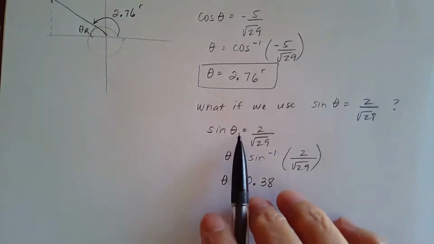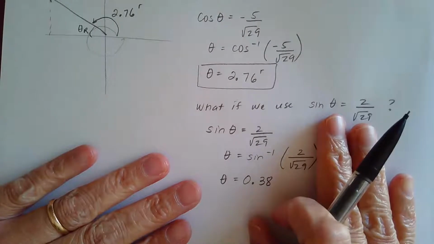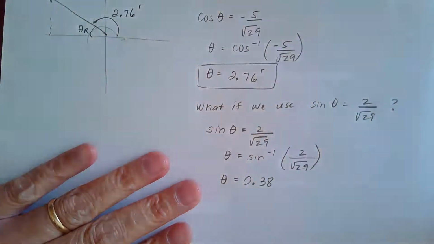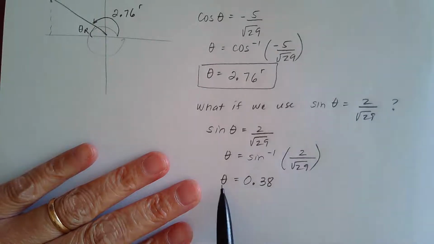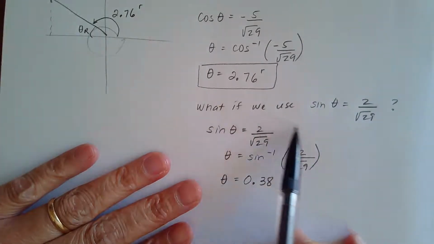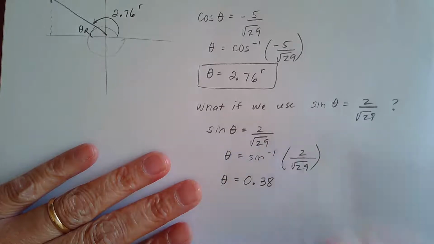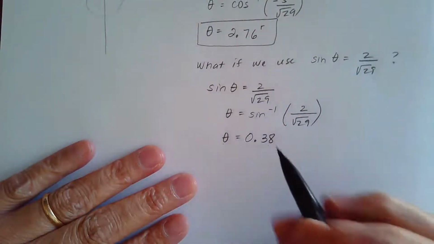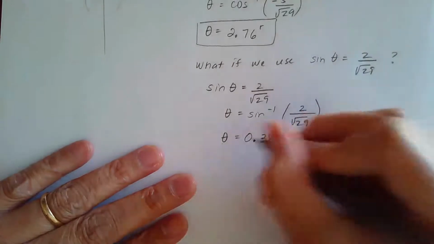In this particular case, our calculator doesn't know which quadrant we're operating in. Although it can calculate some stuff, it does not understand that theta is in quadrant 2. So if you use the sine theta ratio, we're going to end up with 0.38, but that's a reference angle.